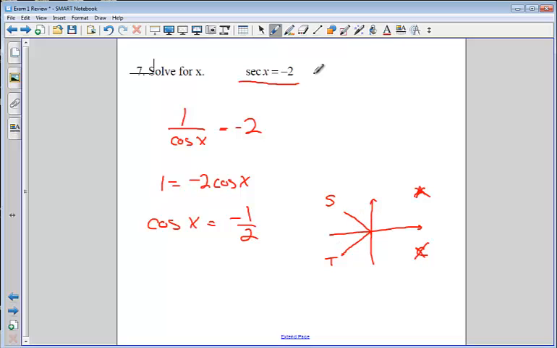And to figure out this little angle, this reference angle from here to here, all I need to do is figure out which angle, when I take the cosine, gives me 1/2. And again, I use another tool, which is this table. So 0, pi over 6, pi over 4, pi over 3, pi over 2.